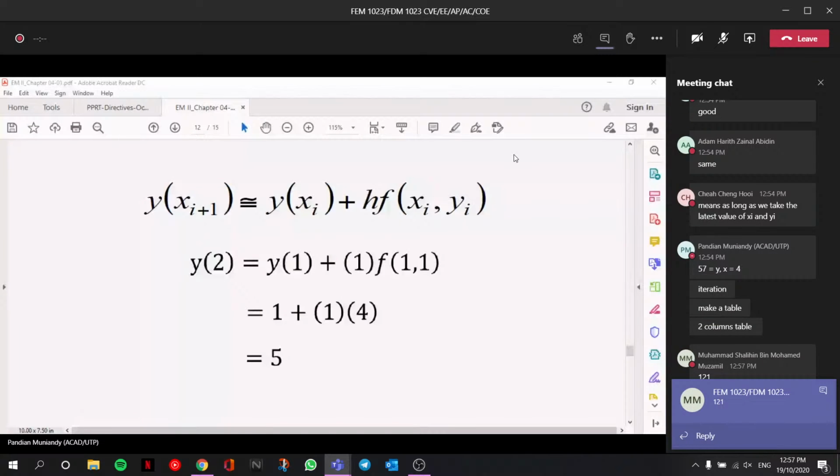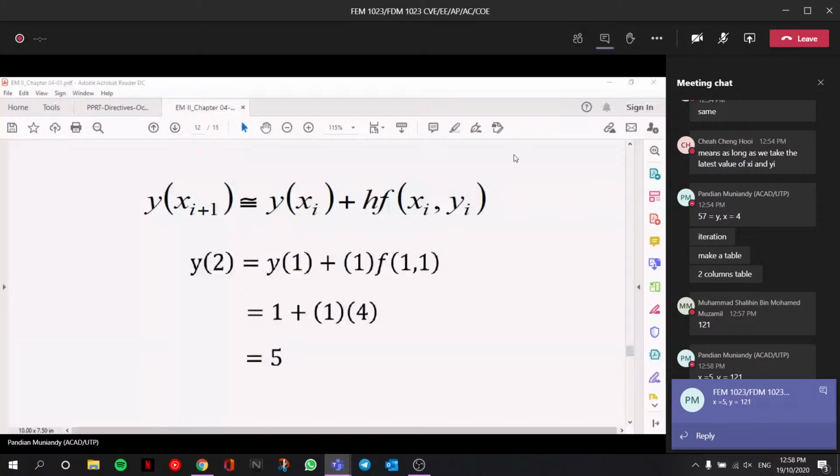Can you get 121? Yes, so 121 is correct. So when x equals 5, the y is 121.